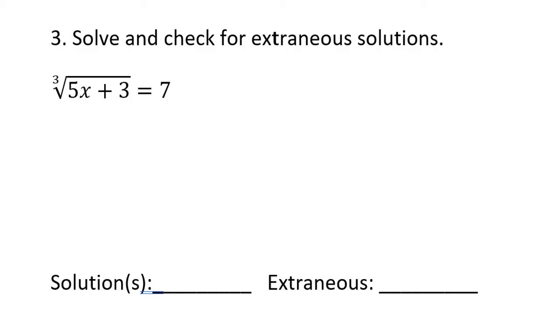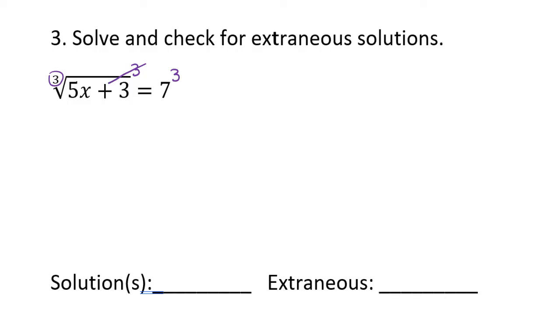Okay, problem 3, we're going to be solving and checking for extraneous solutions. So the first thing you always want to do is to get the radical by itself. Now our problem, it currently is by itself. So that means we're going to start off by getting rid of the radical sign. And since the index is a 3, we're going to use its inverse, which is the exponent of 3, to eliminate the radical.